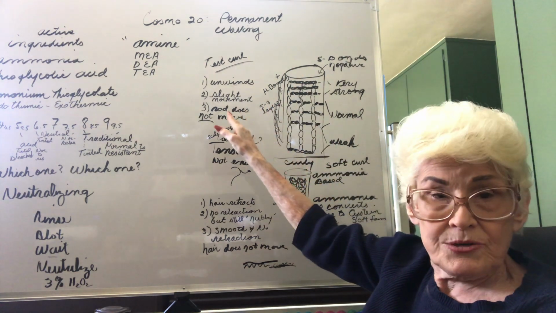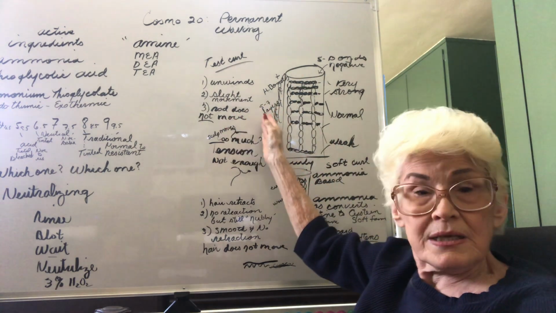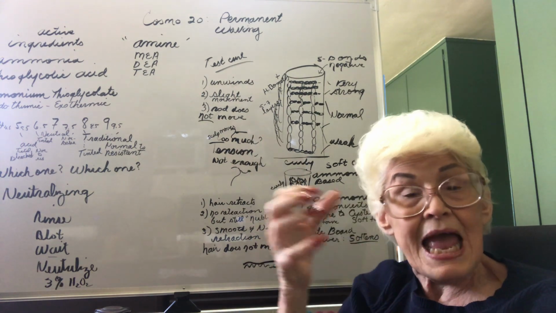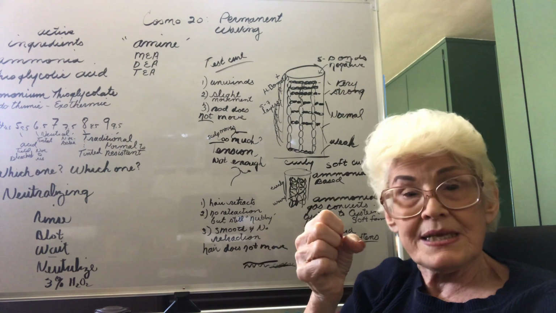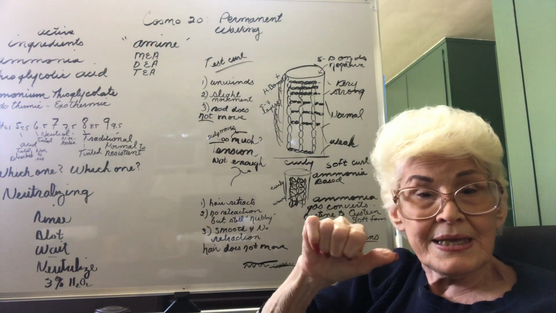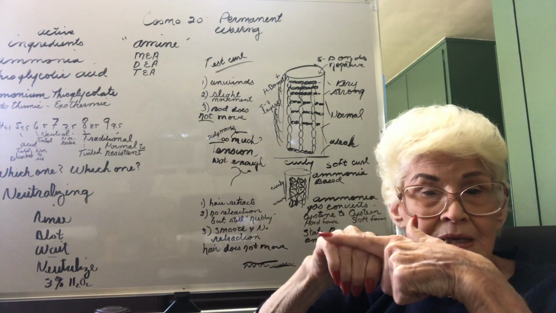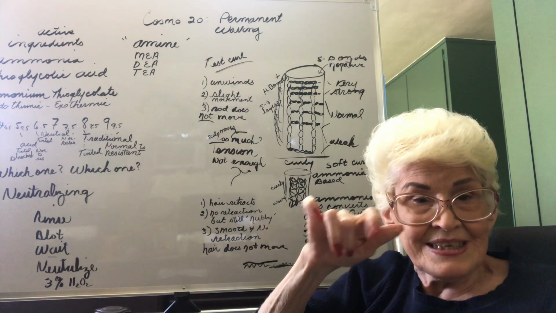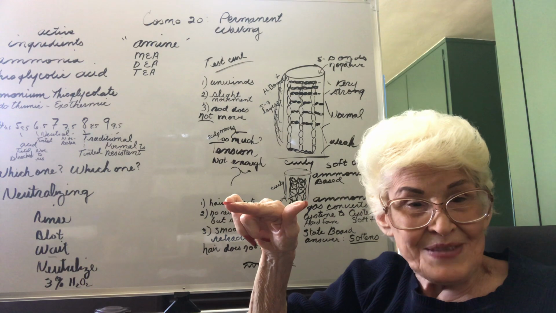Once my solution has penetrated the cortex, now I get the swell. Remember, soften and swell. So as the inside begins to expand, instead of being smooth like a potato chip, you end up with ruffles, ridges. Okay?